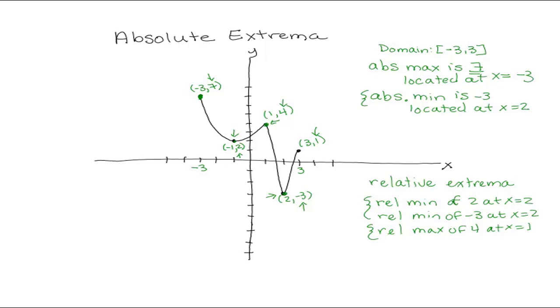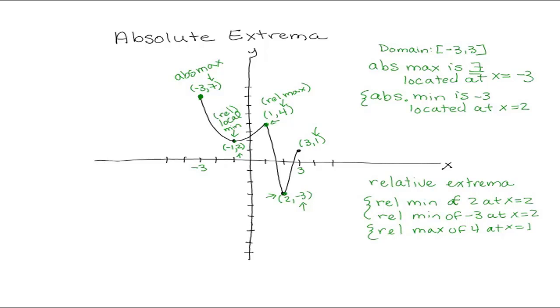So just going point by point here, this first point on the left is an absolute or global max. The second point over here is a local min, or relative min, I should say. This next point here is a relative max, but not a global max.